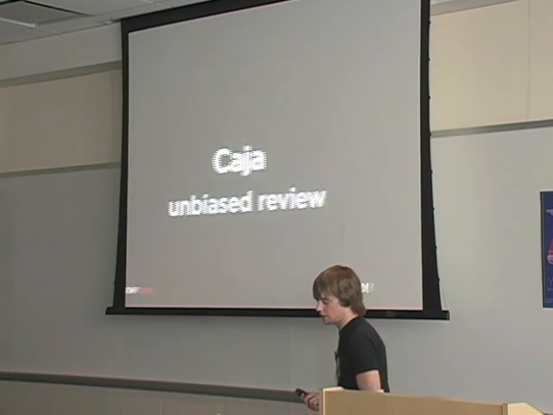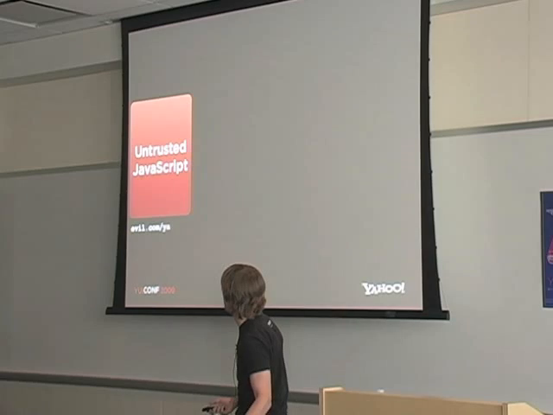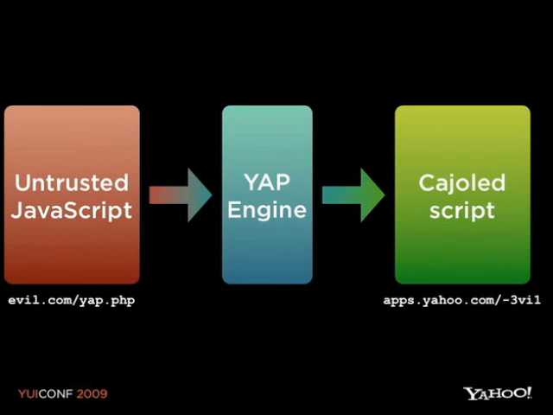So going over how this works, it's really quite simple. You have some untrusted JavaScript on your website. We take your JavaScript code, and when we retrieve it for showing your application, it passes through the YAP engine, and the YAP engine runs it through the sanitization process provided by Caja.